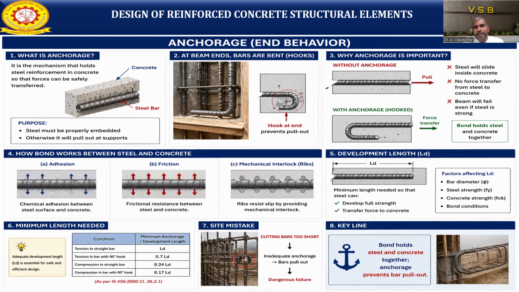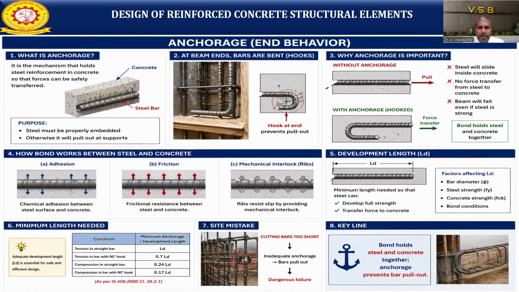So in designing a beam, slab or column, we need to provide the minimum length. Adequate development length is essential for safe as well as effective design of the structure. As per IS 456:2000 clause 26.2.1, some minimum anchorage length or development length is required for designing the structure.